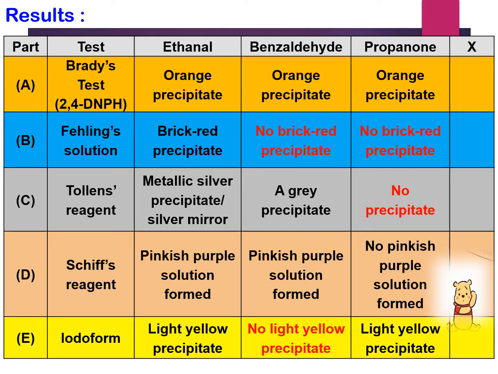And the part E test, which is iodoform test, the light yellow precipitate will form for the ethanol and propanol compounds, but for benzaldehyde there is no light yellow precipitate. All the students need to obtain their result for the compound X.